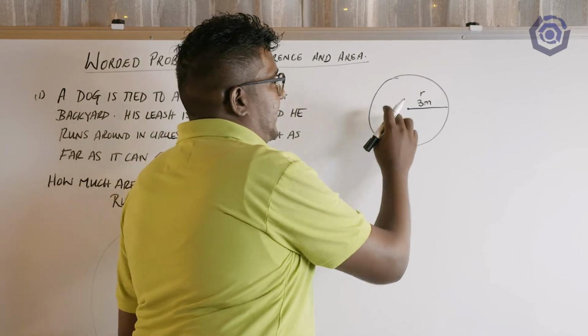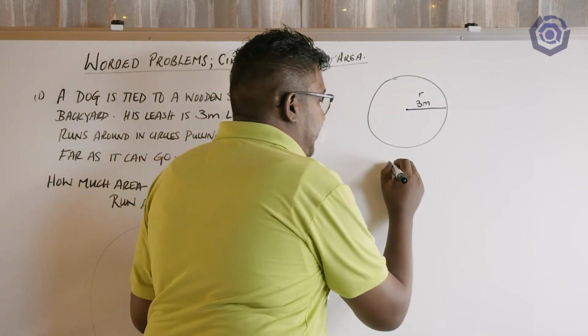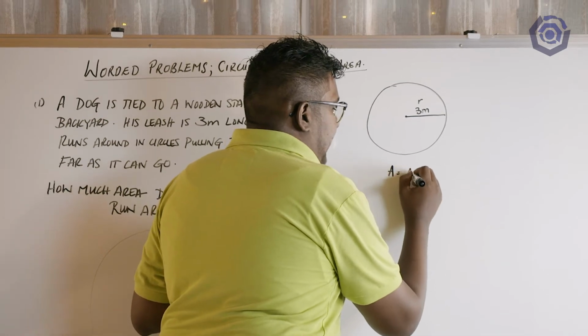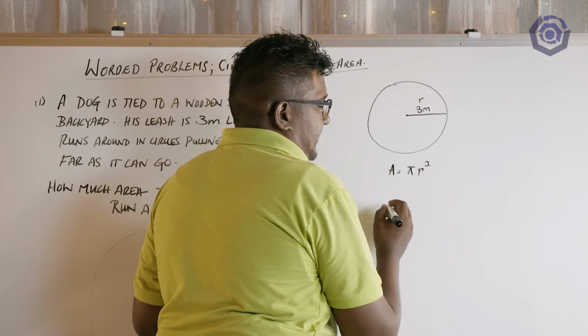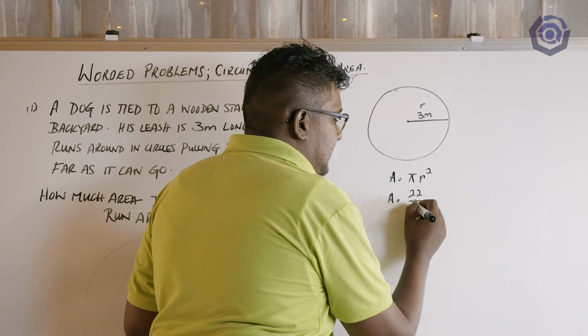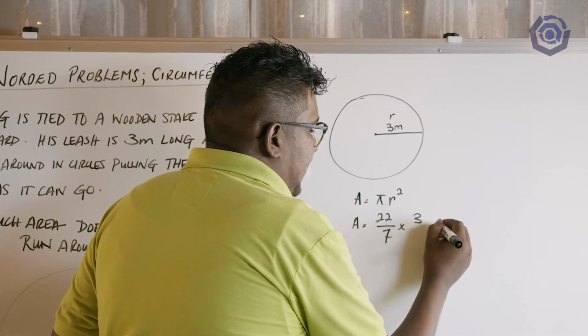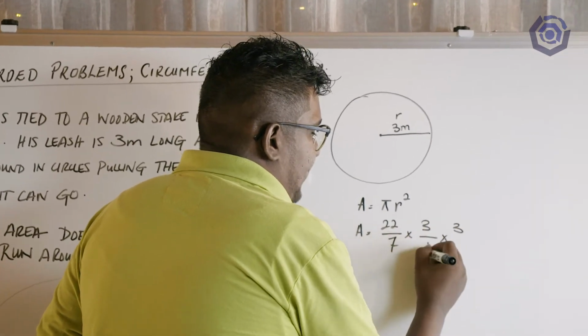Area for a circle, the formula is A equals pi r squared. A equals pi, which is 22 over 7, multiplied by our radius, which is 3 times 3. We put them over 1.